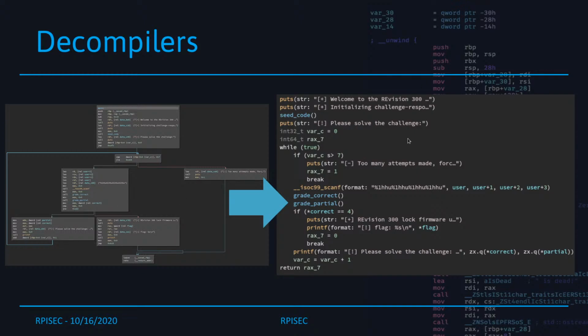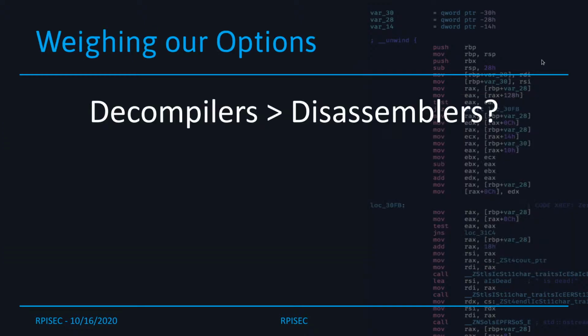But if we look on the right at the decompiled code, at the higher level abstraction, it's a lot easier for us to see, okay, it does some stuff, and then there's a while loop. And for us to look at these conditions and see in a much nicer format, oh, it's comparing this value, a signed comparison, to 7. And so that makes our job as reverse engineers much, much easier.